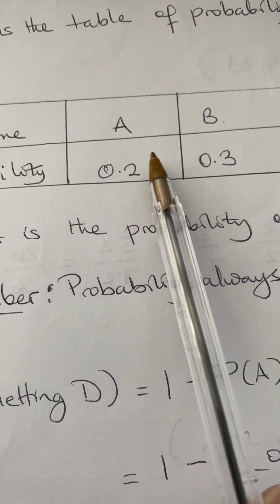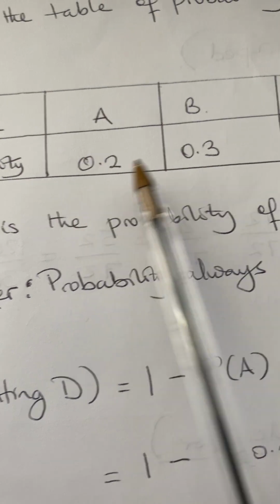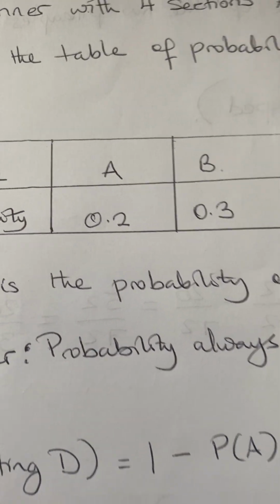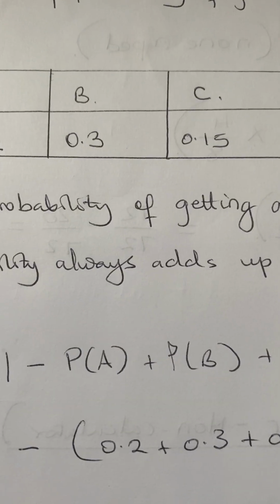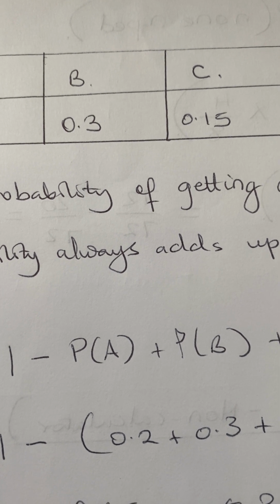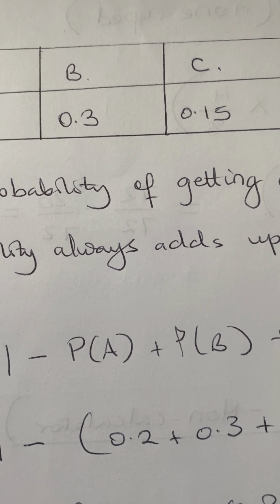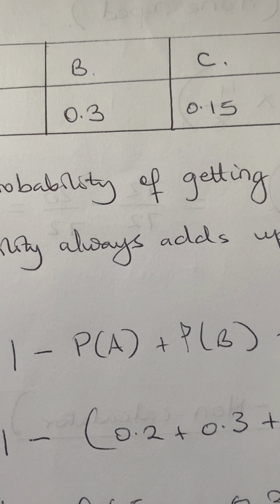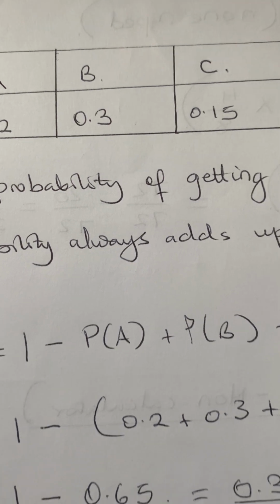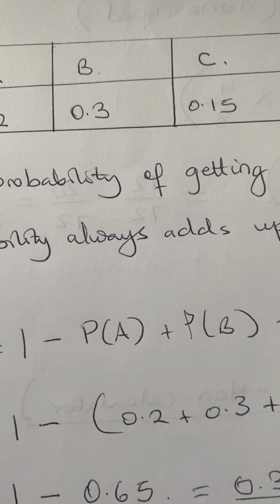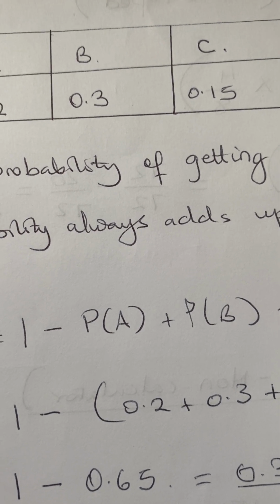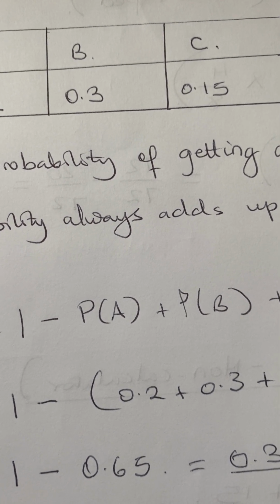Now note, the table was given to me in decimals, so I would prefer leaving my answer in the decimal form. Somebody might take extra time to leave it in a fraction form or in a percentage form, but if I'm not specifically asked, I'll just leave it, okay, and go and do other questions, because there will be more challenging questions where I might have to think.